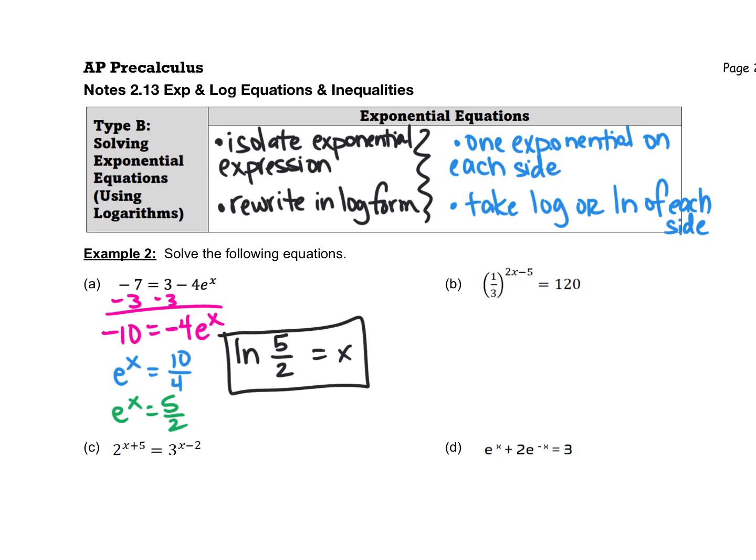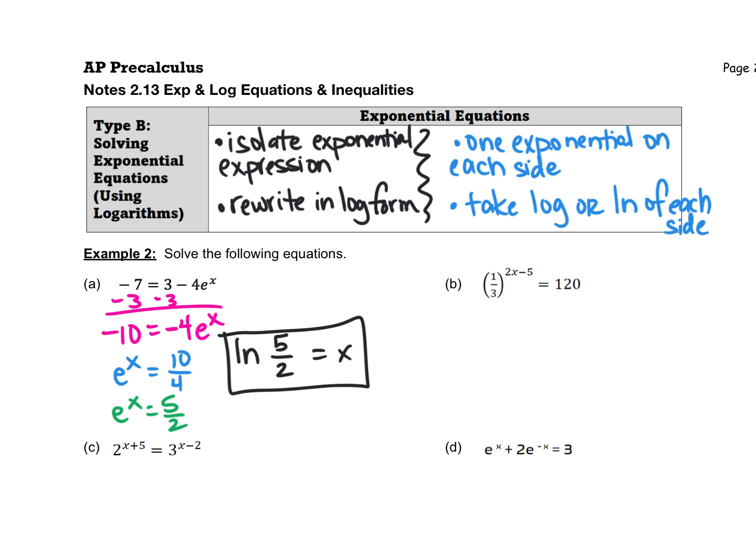That's an exact answer. You can leave it that way. If it's on a calculator section, you can type it in and get a decimal approximation. But that is an exact answer. So move your 3, divide by your negative 4, isolate your exponential expression.